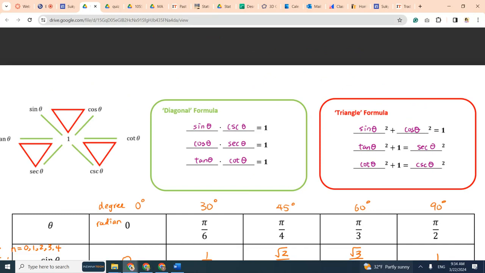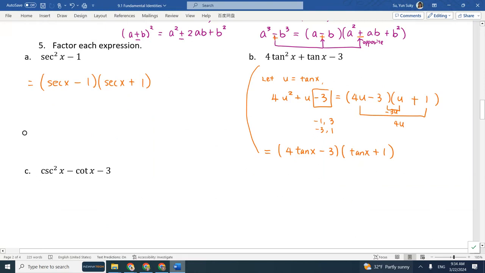Which formula involves cotangent and cosecant? Here, right, everybody? Cotangent squared plus 1 is cosecant squared.